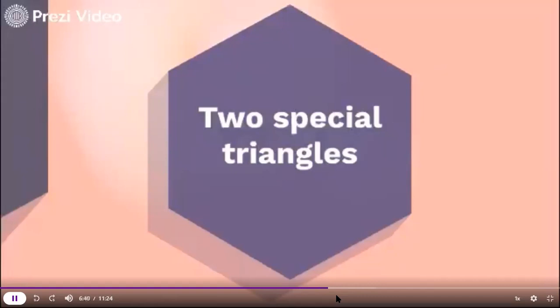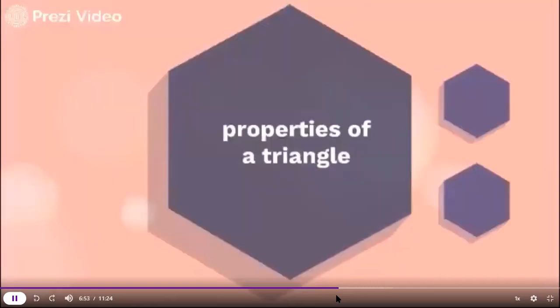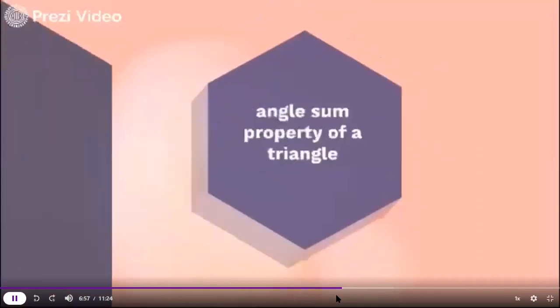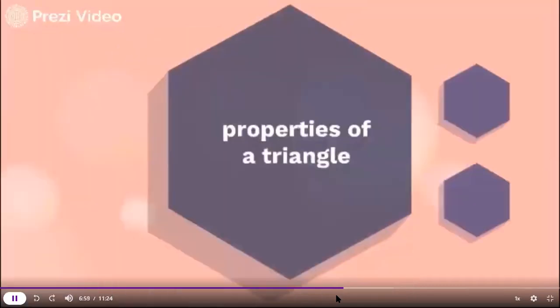Even every altitude is also a median and vice versa. Altitude is equal to median. Next, an isosceles triangle. An isosceles triangle is nothing but a triangle whose two sides are equal. Where two sides are equal in length, it is called an isosceles triangle.